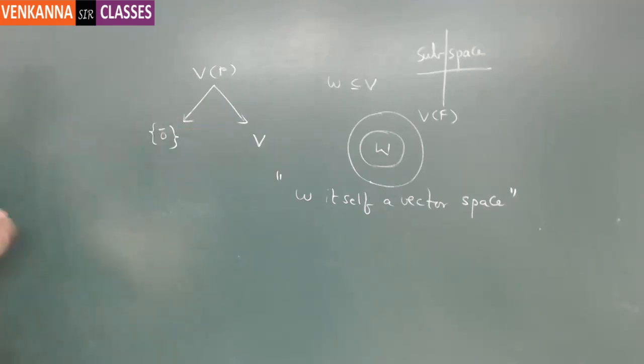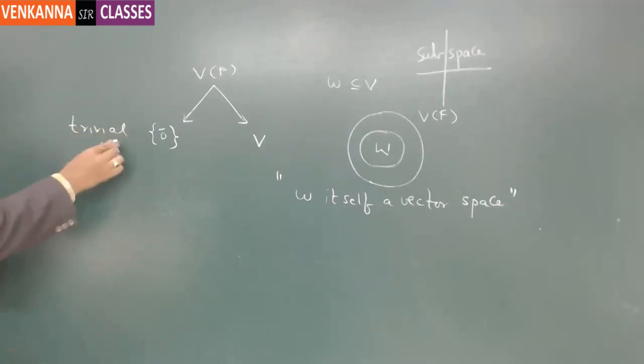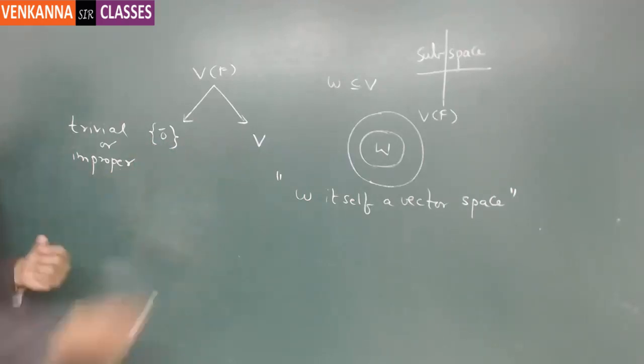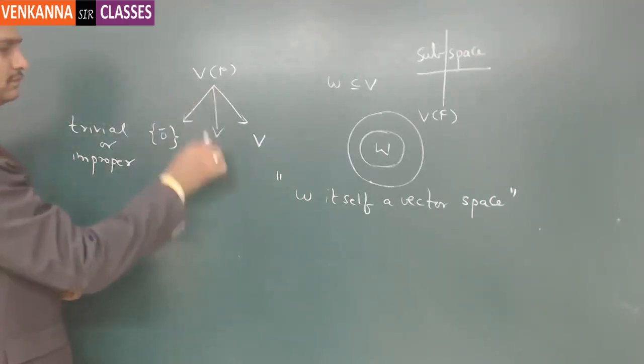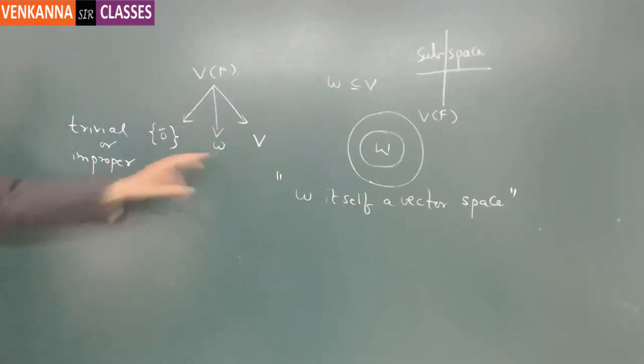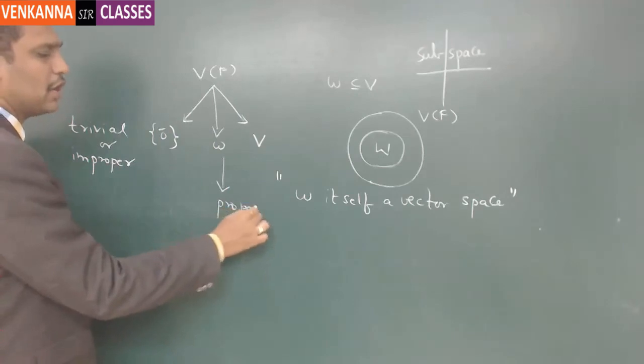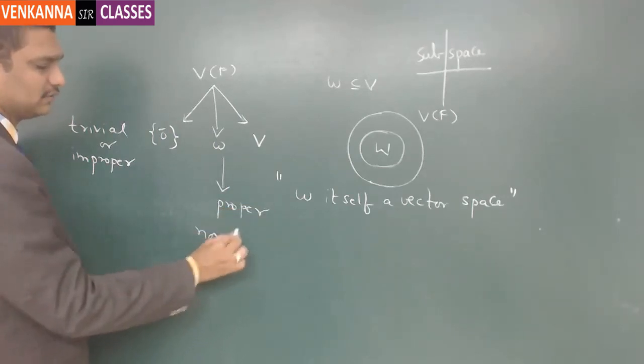These two are called trivial or improper subspaces. If you take any subset which is bigger than 0 and smaller than V, this is called a proper subspace or non-trivial subspace.